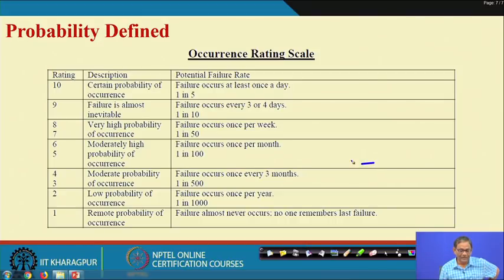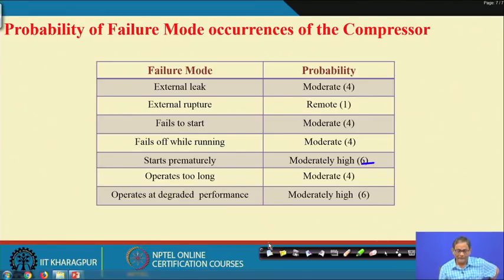Then what do you require? Just think of the example here. For the compressor, these are the failure modes, 1, 2, 3, 4, 5, 6, 7. Now, what is the probability that an external leak will occur? We are giving it moderate. What is the probability that an external rupture will occur? 1.